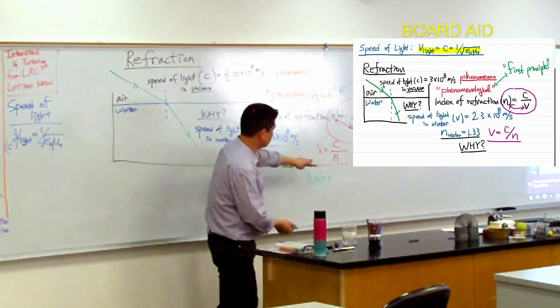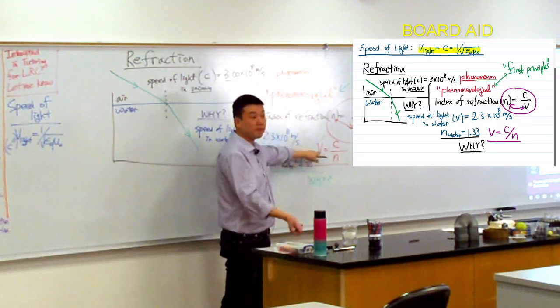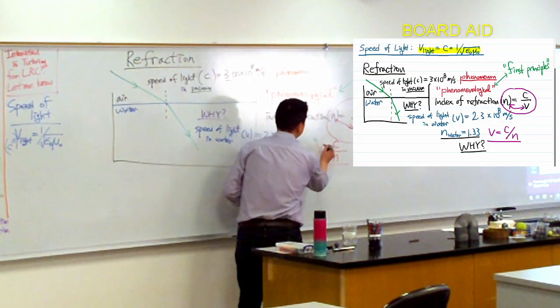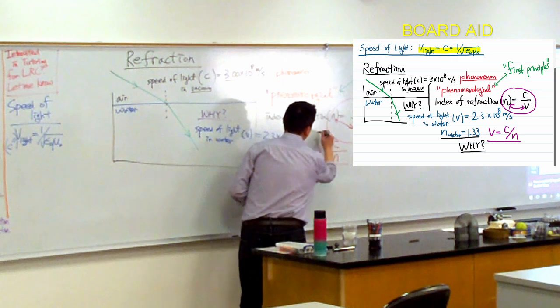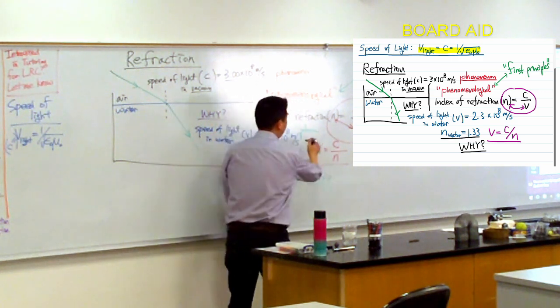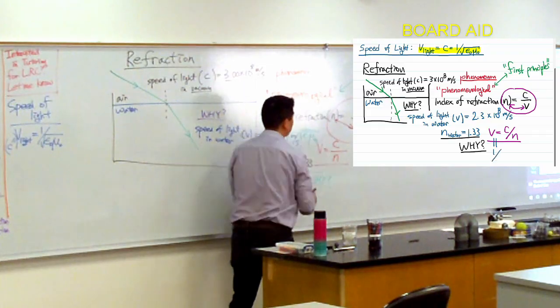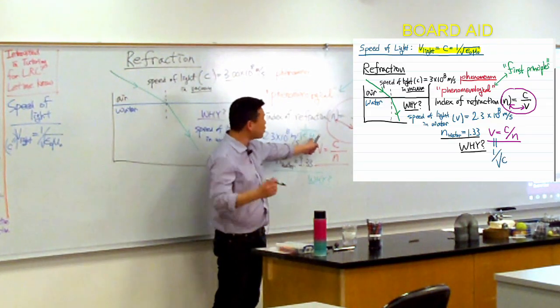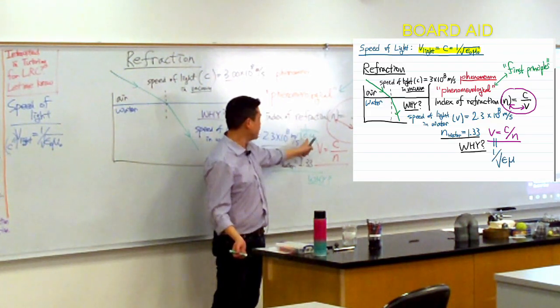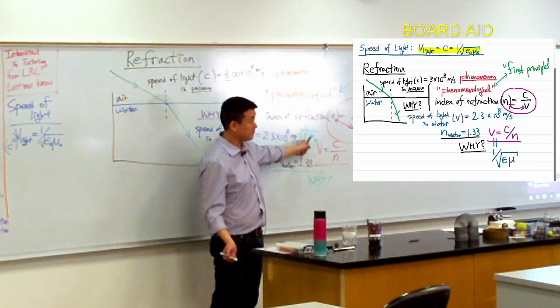You could say the speed of light in some material is equal to 1 over the square root of whatever that dielectric constant is, and whatever that magnetic constant for the material is. It's often equal to mu naught. It's usually the electric constant that changes a lot.